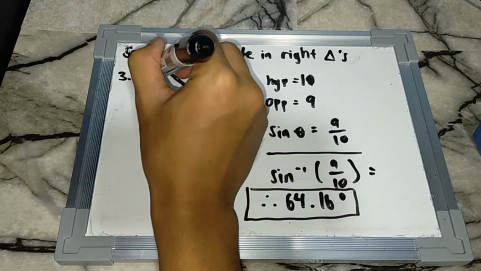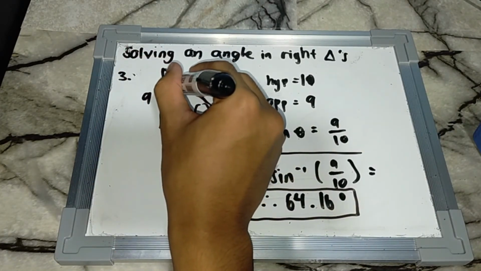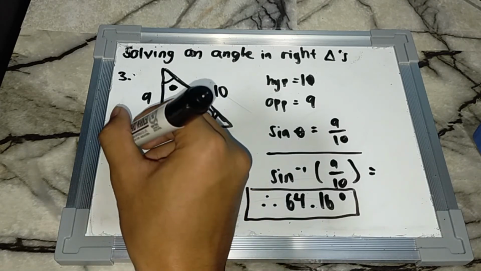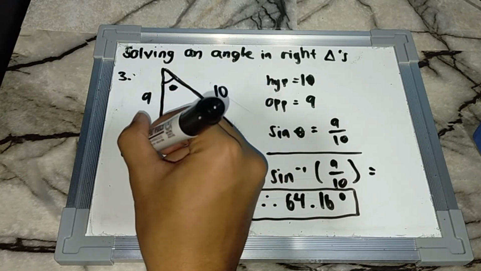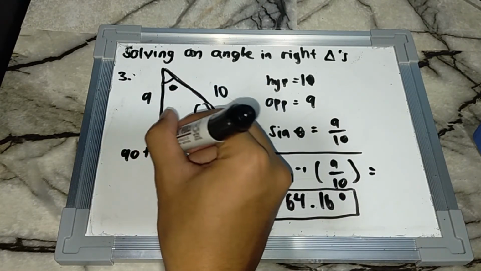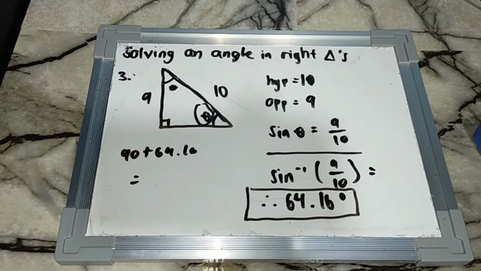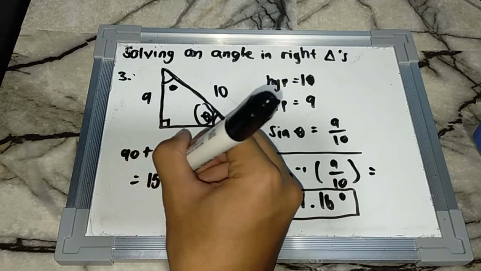And if we're asked to find the value of this angle, since we all know the basics that the sum of all the interior angles of a triangle is 180, we just simply add 90 plus this angle, 64.16, and the answer is 154.16.